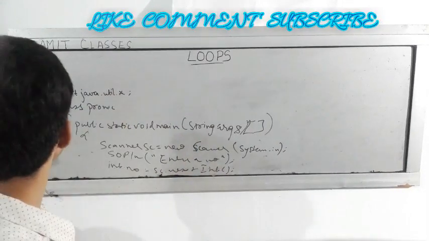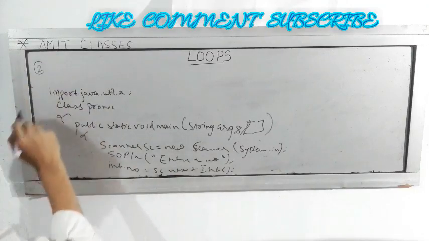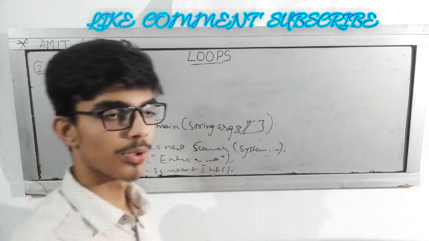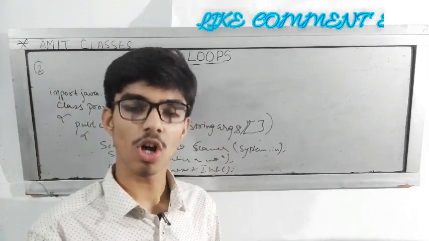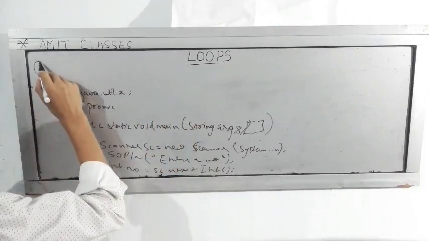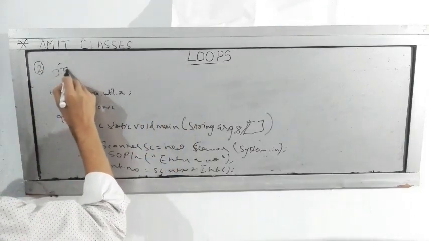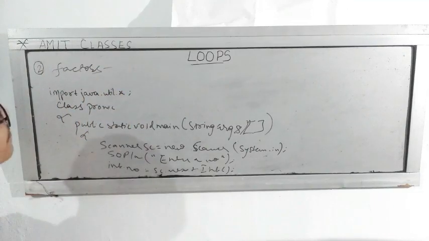As we move towards our second question: write a program to take a number and print all the factors of that number. Now we have to print factors. So what is a factor?